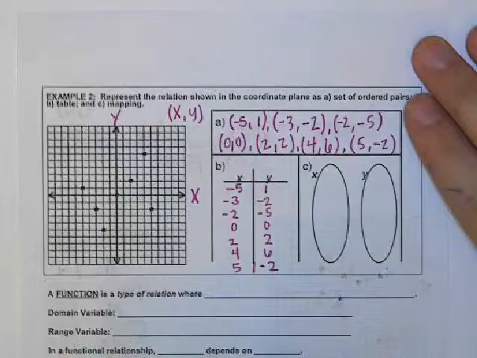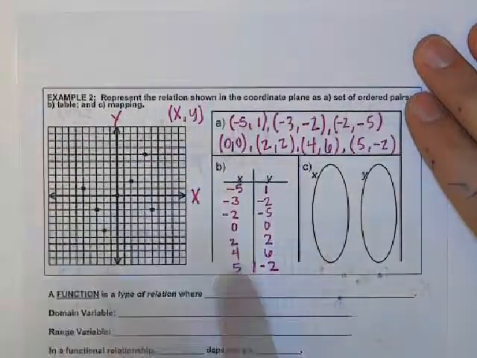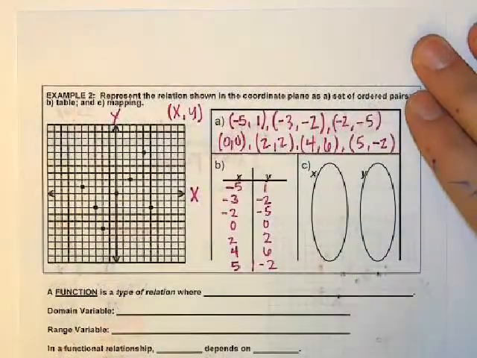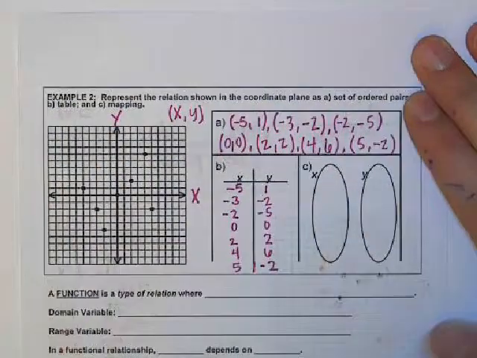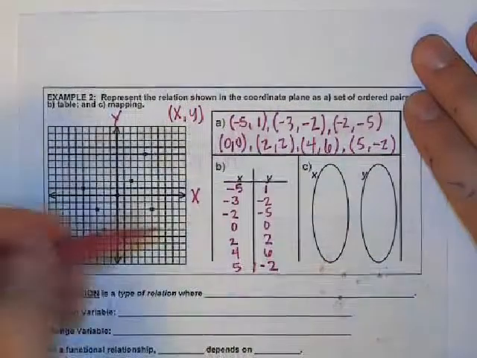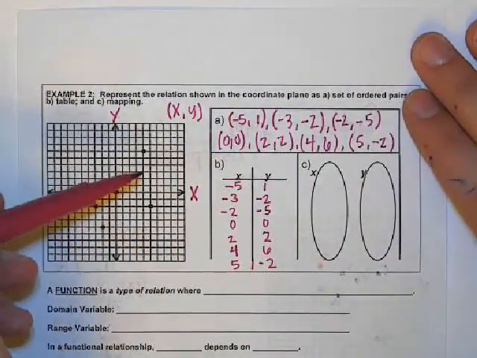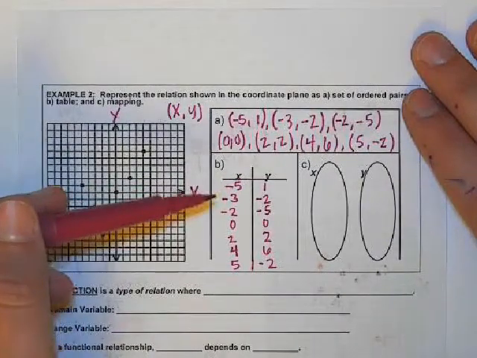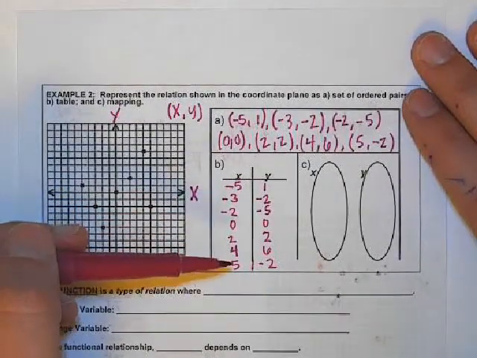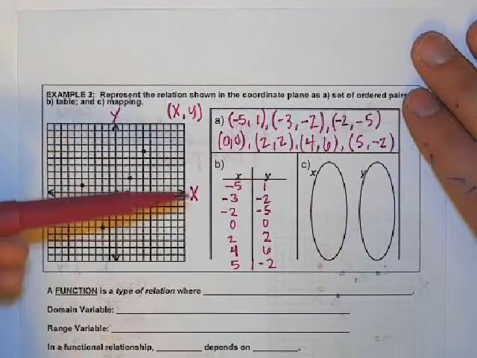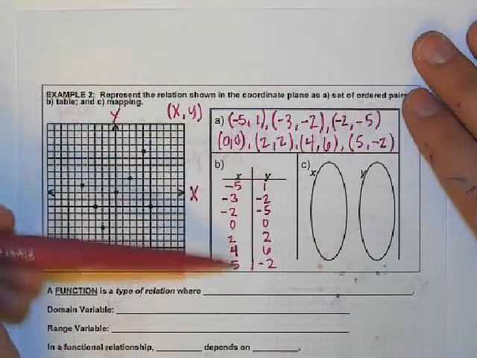Okay, so if I look at my X's, all right, I have to put the X's in my X mapping on C least to greatest. Well, because we moved from left to right when we got our ordered pairs, these are actually already ordered for us. Okay, so I'm just going to copy them. Do I have any repeat numbers in the X?